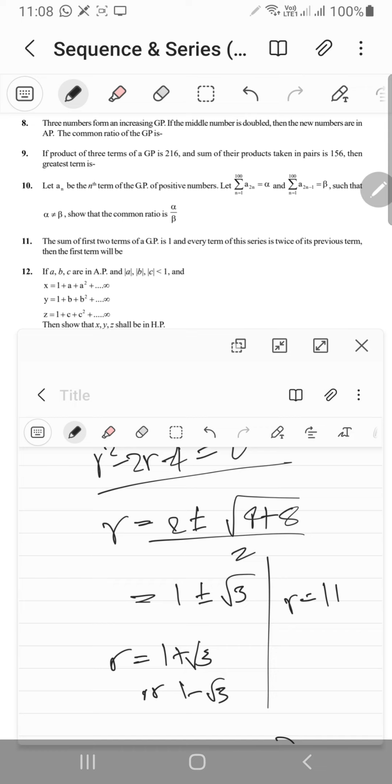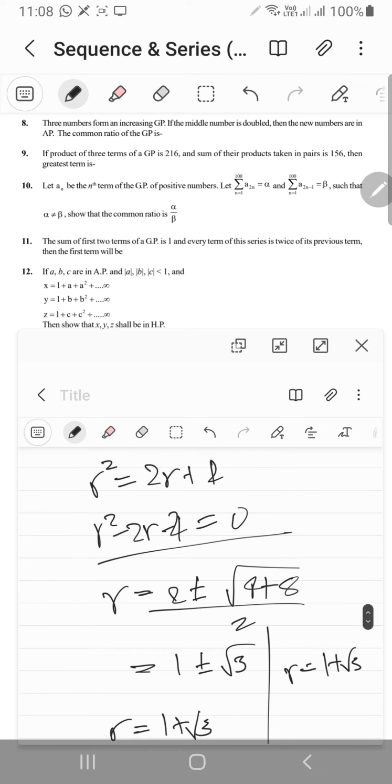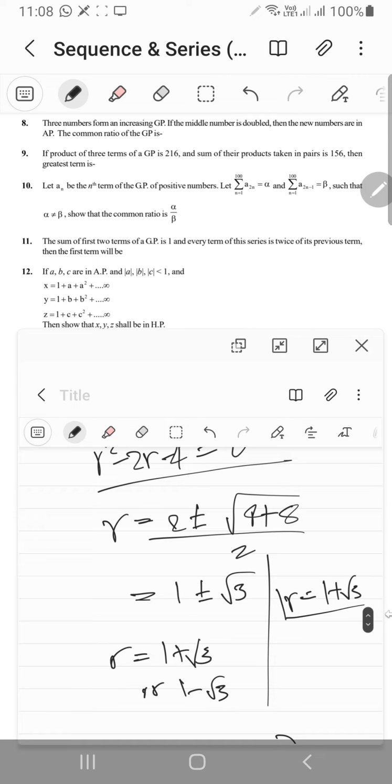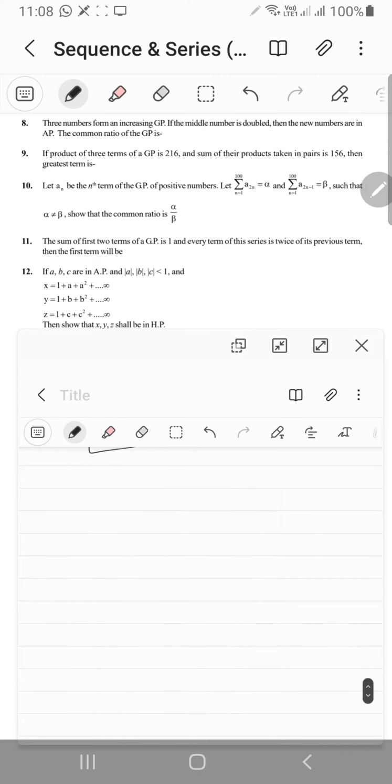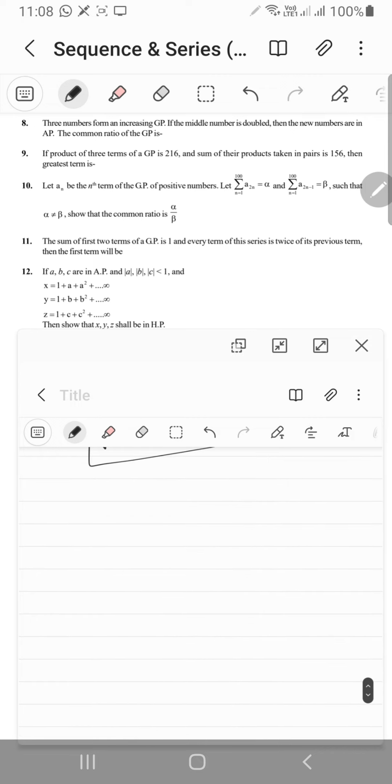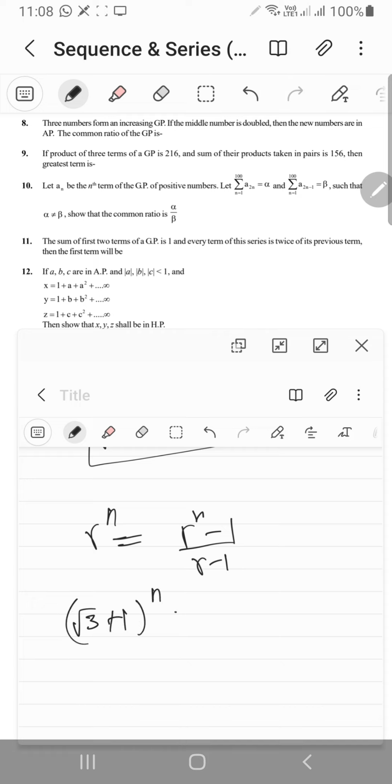Maybe R is just 1 plus square root 3, who knows. Yeah, so if R is 1 plus square root 3, then will this work for every single number? I don't know. Every single n, R power n equal to R power n minus 1 upon R minus 1, where R is square root 3 plus 1, so square root 3 plus 1 to the power of n.